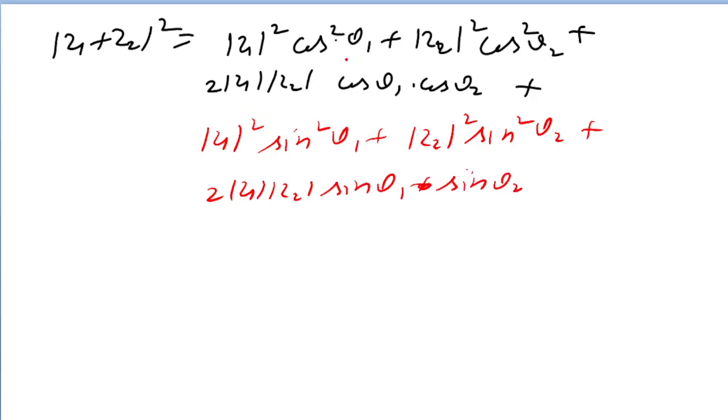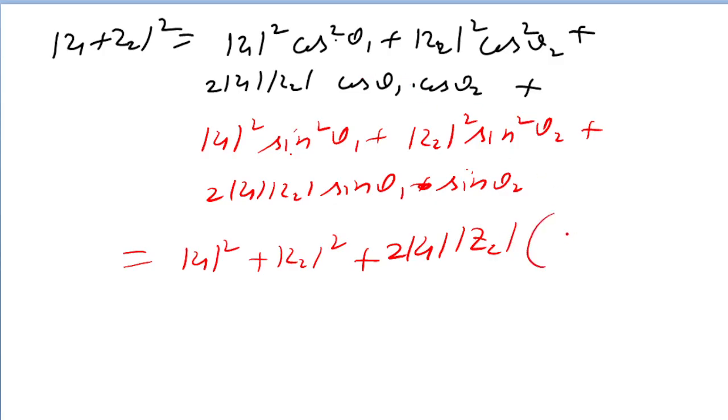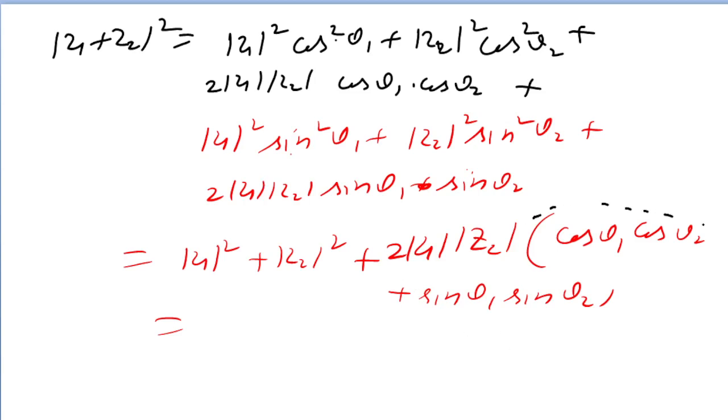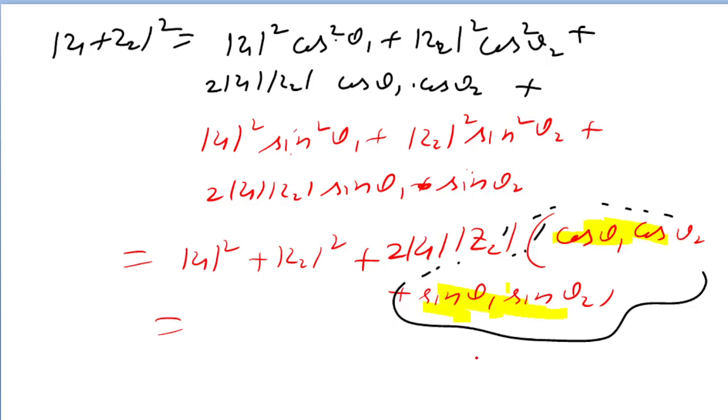Now taking mod z1 square common, cos square theta 1 plus sin square theta 1 is 1, so I get mod z1 square plus mod z2 square, since cos square theta 2 plus sin square theta 2 is also 1. Then 2 mod z1 mod z2 is common, leaving cos theta 1 cos theta 2 plus sin theta 1 sin theta 2, which is cos of theta 1 minus theta 2.